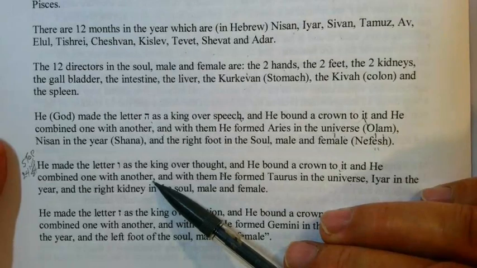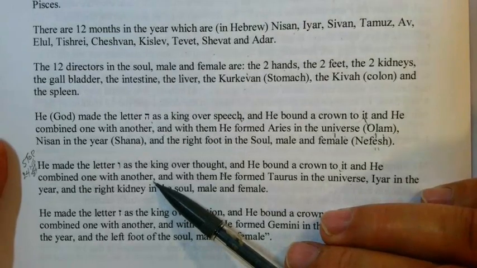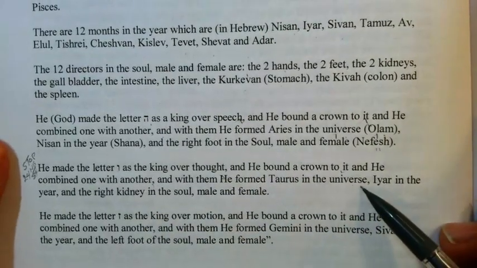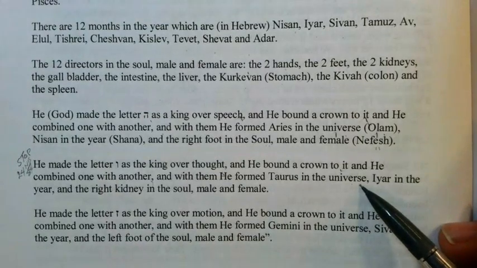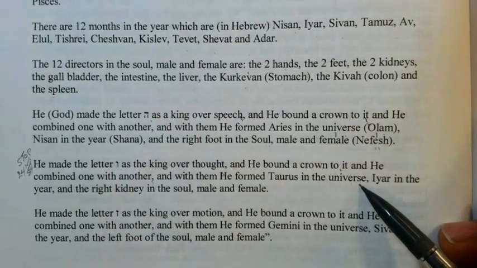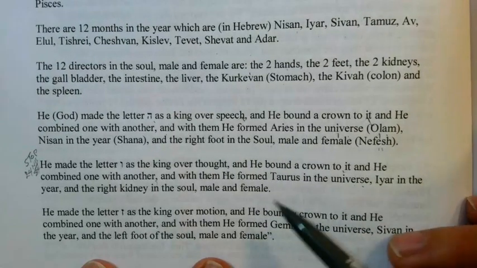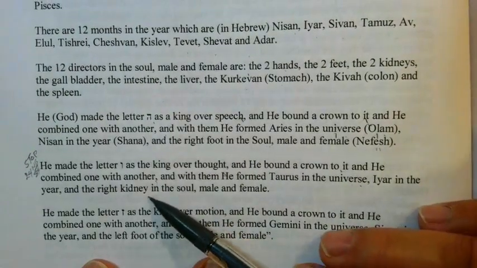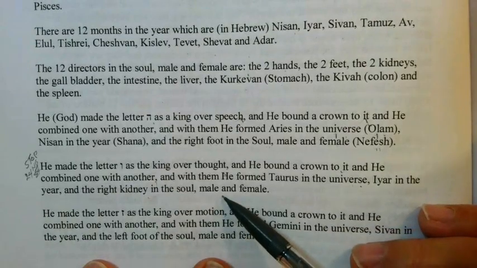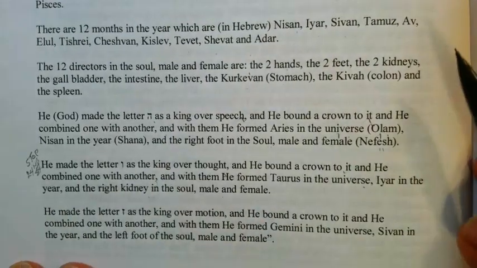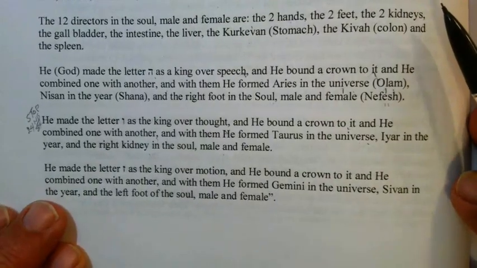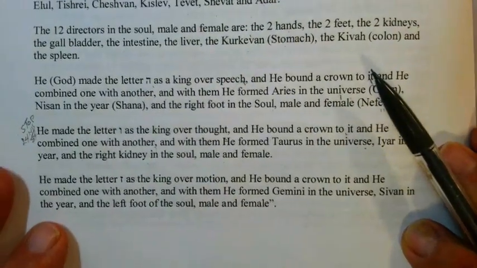Maybe he means different parts of letters, and with them he formed Taurus in the universe. He made the second month of the astrological year, or the Jewish year, which is the month of Iyar, in the year, and also it pertains to the right kidney in the soul, male and female. So it's up to the listener to find the exact tie-ups with this.